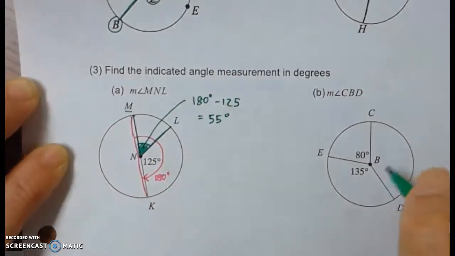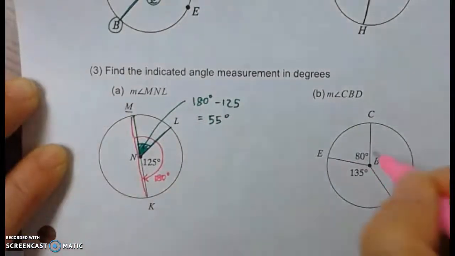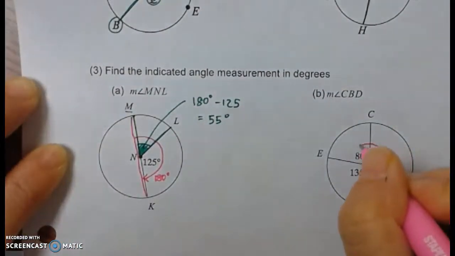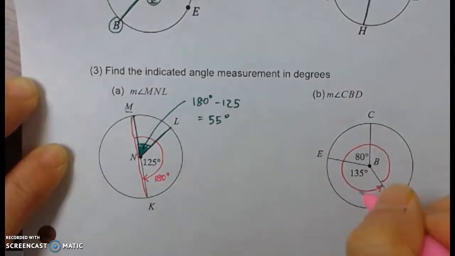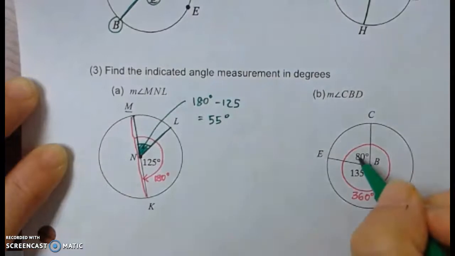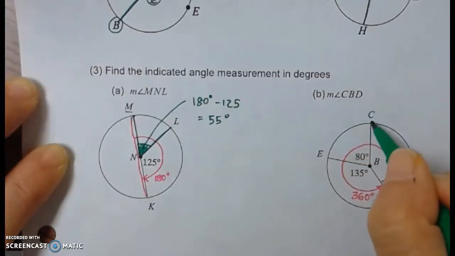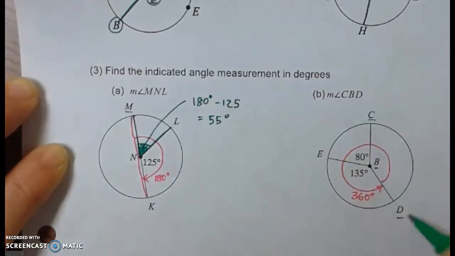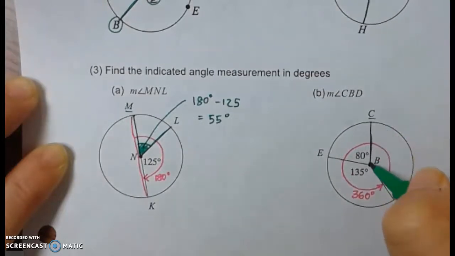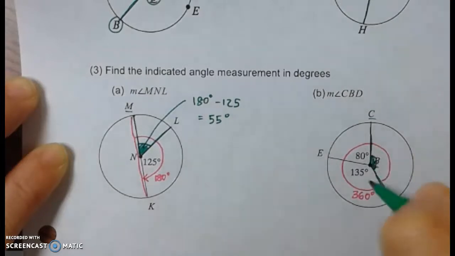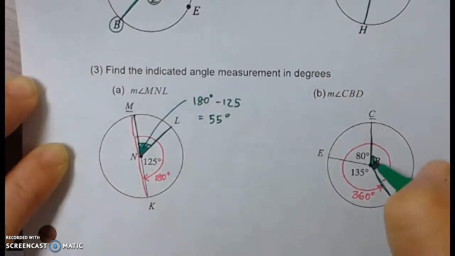What about this? We know that the full revolution is going to be 360 degrees. But we already have 80 degrees and 135 degrees, and we are asked to find angle CBD. Where is C, B, D? So we are being asked to find this angle right there. To find that, we know that this is going to be 360 degrees.